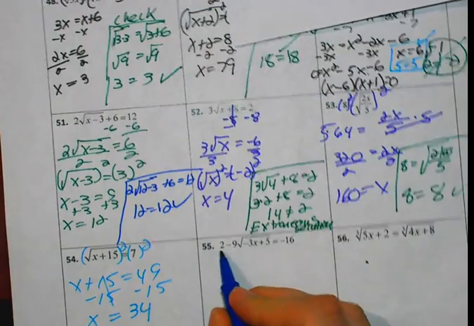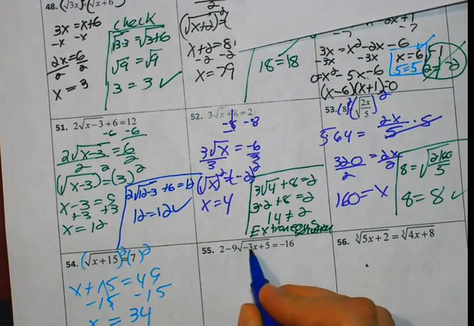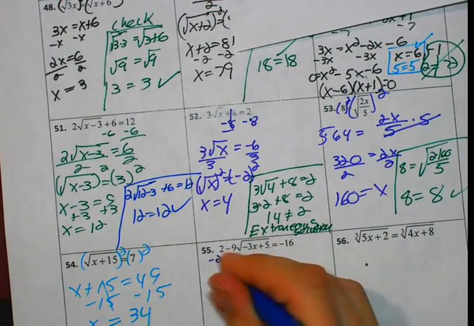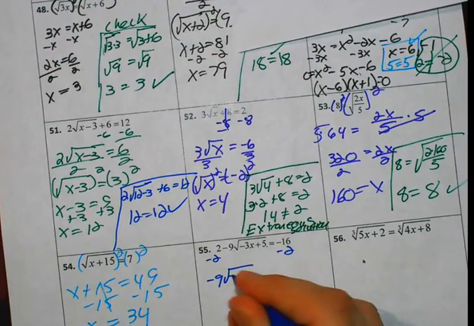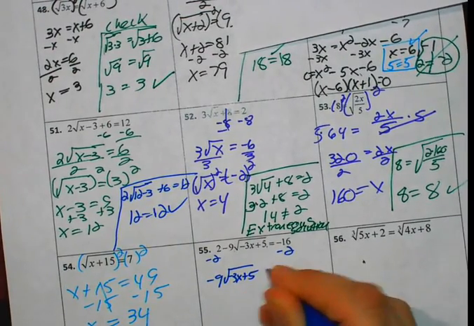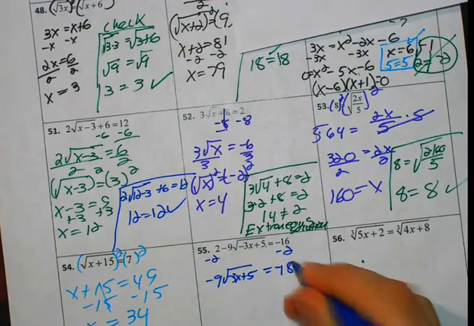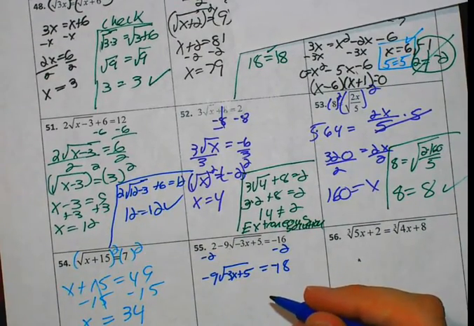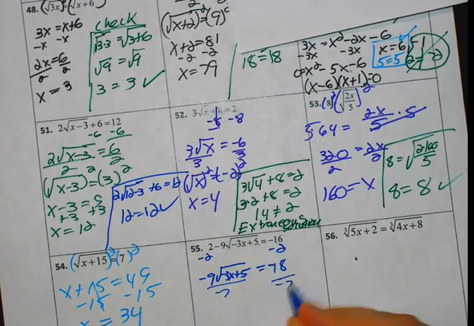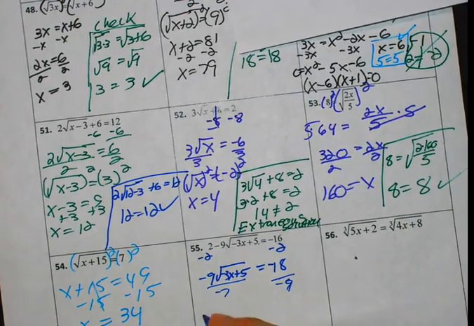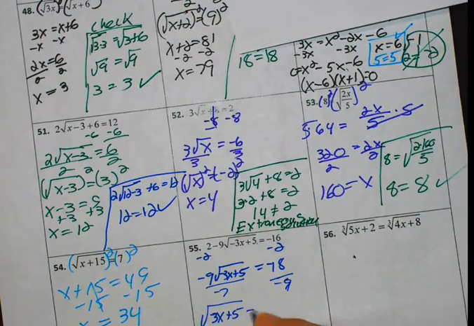Alright, again, when you have this 2 minus 9 times the square root of negative 3x plus 5, you want to subtract the 2 first. And I have negative 9 square root of negative 3x plus 5 equals negative 18. I'm going to divide by negative 9 on both sides. So that gives me the square root of negative 3x plus 5 equals 2.